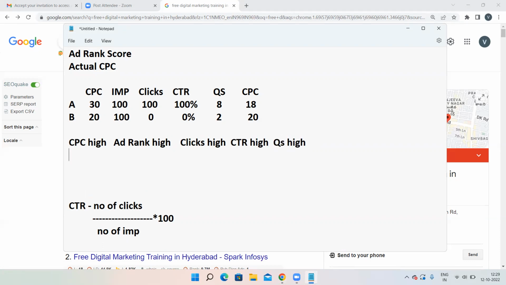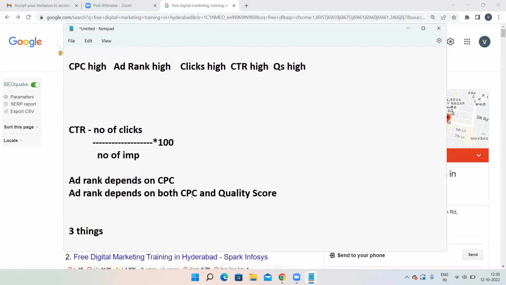Okay, now just look at this point, guys. Whenever you are running a campaign, always go with a little bit high budget itself. Now see the budget of A30, budget of A20. If your CPC is high, initially your ad rank also will be high, guys.